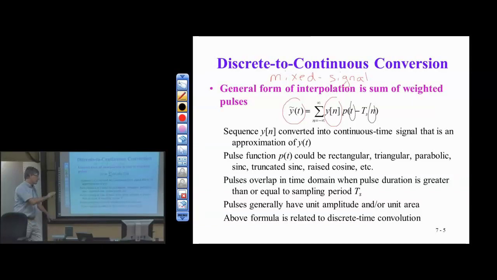Okay, so anyway, this particular interpolation is discrete time to continuous time, but it also applies from discrete time to discrete time. And it's another filtering operation. Okay. So far we've talked about rectangular pulses and triangular pulses, and then today we'll talk about sinc, truncated sinc, and raised cosine.